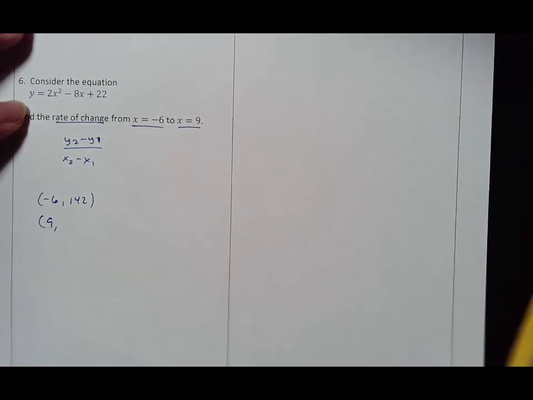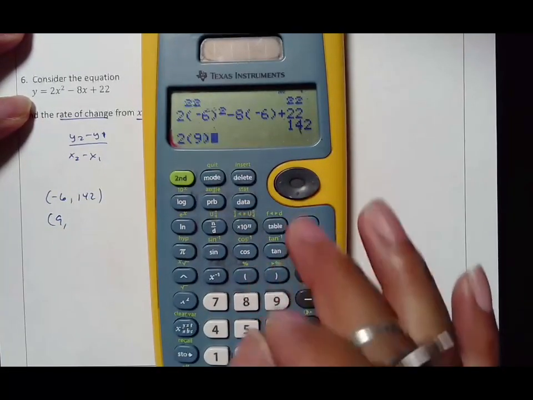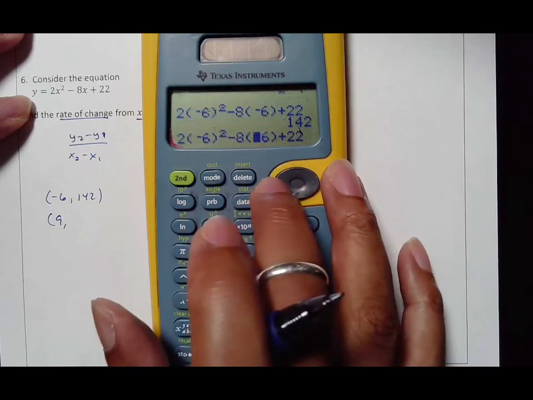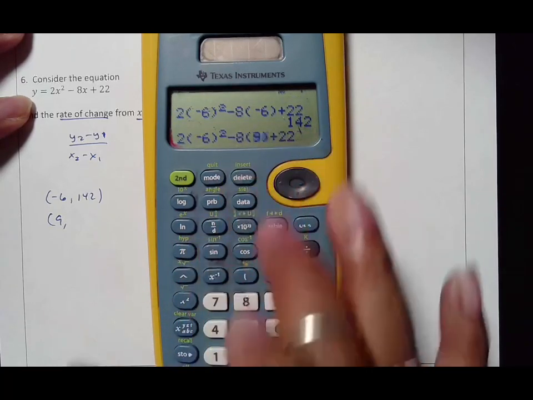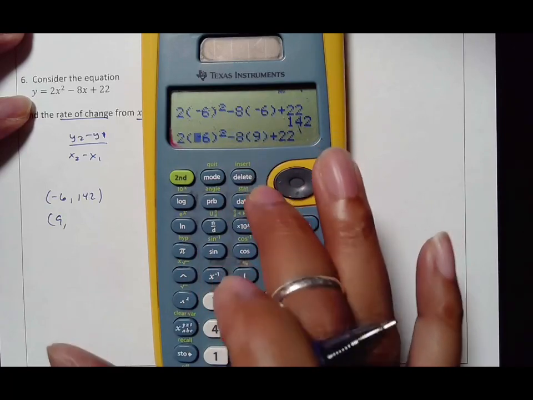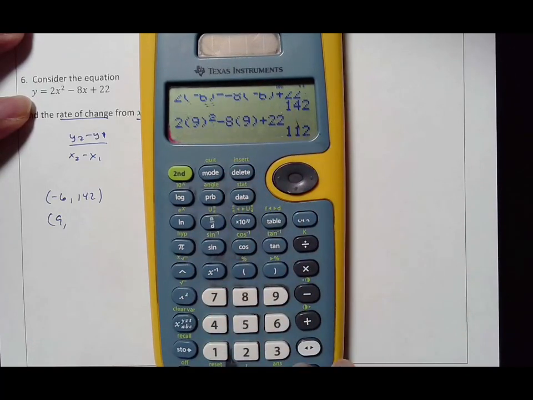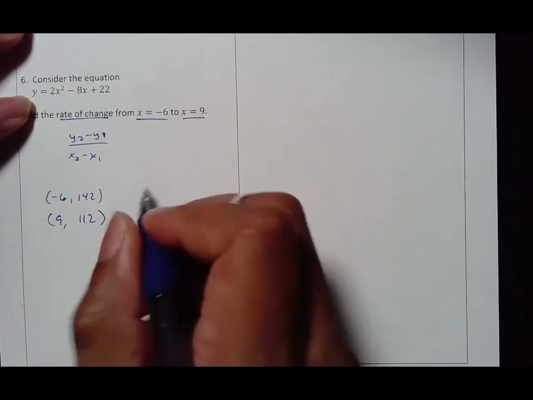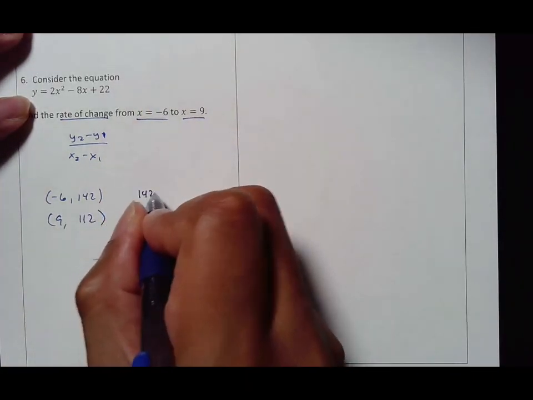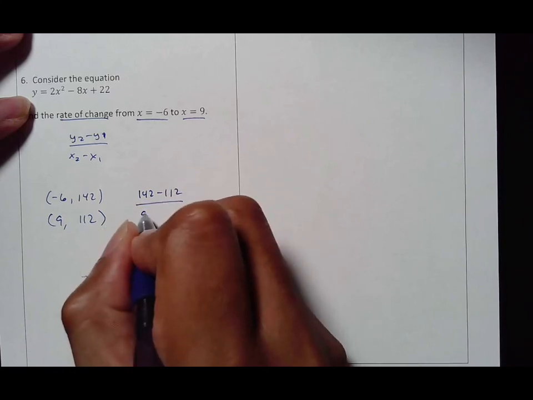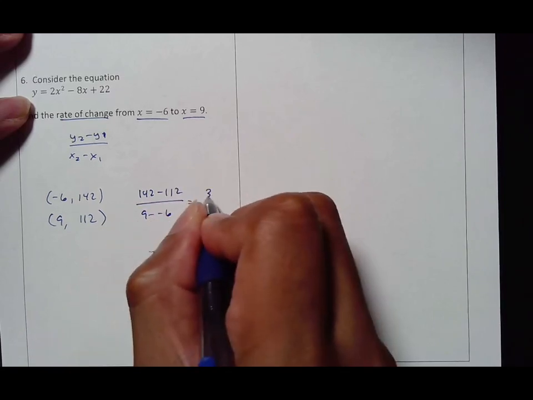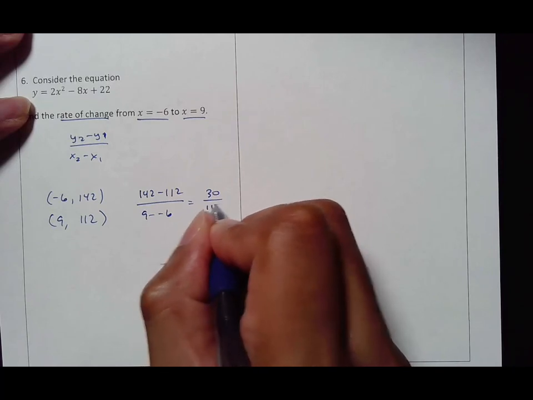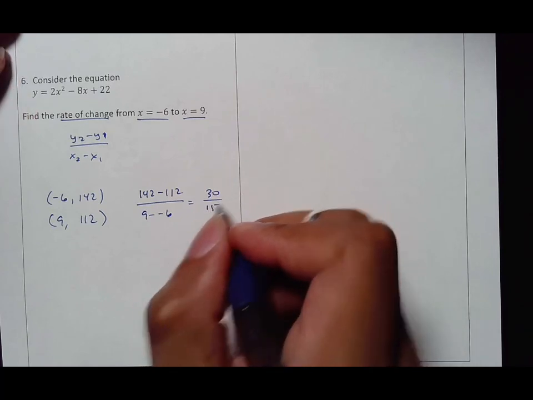And then you take the 9 and you plug that in. Actually, I'll do something better than that. I'll copy and paste this, turn this into a 9, and turn this into a 9, getting 112. And then from there, 142 minus 112 over 9 minus negative 6, which is where I get 30 over 15, which is 2.